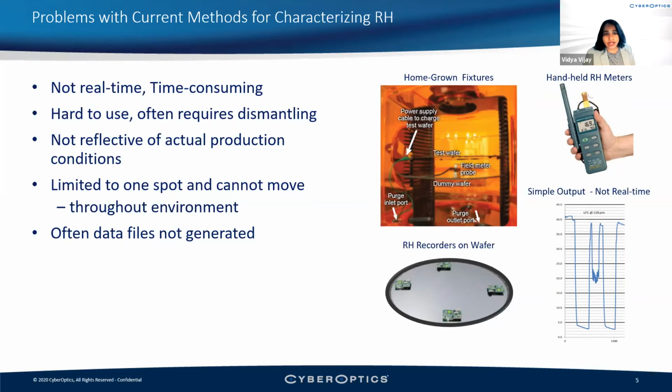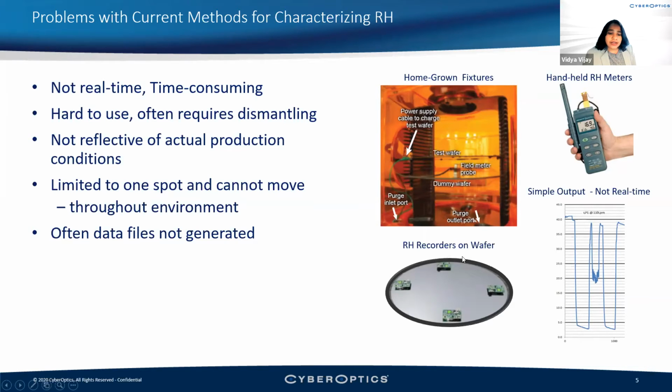The tools are huge. There are also some homegrown fixtures where you have a test wafer and a probe and everything connected, but the limitation is you're unable to monitor the humidity across the FOUP. You want to know how the wafer, when it sits at position 3 or 6 or 15, wherever it is, you're able to monitor it from top to bottom and across the wafer, not just at one point.